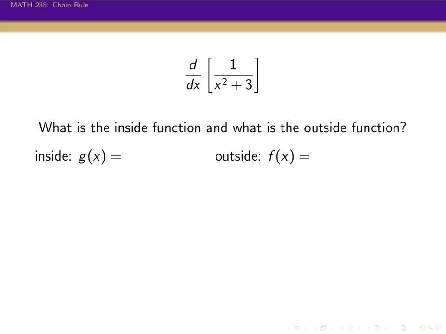Okay, and so we can think about the 1 over as being the outside function. And so the outside function would be 1 over x. That's the function that takes reciprocals of things. And then our inside function is what's in the denominator. That's x squared plus 3. And so that makes this equal to the derivative of f of g of x.